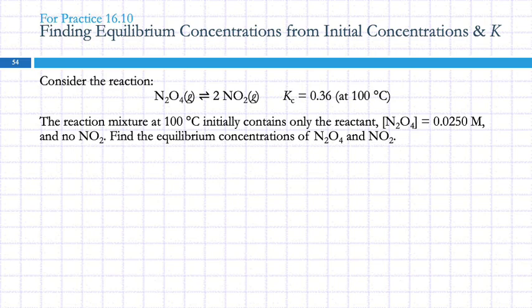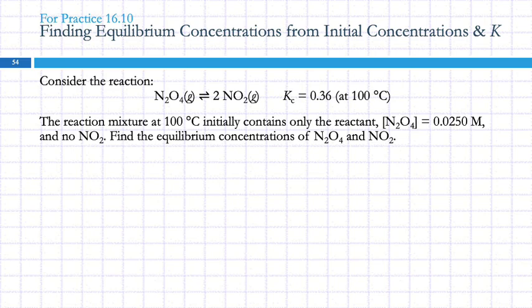Okay, let's do another one. Here, the reaction mixture is at 100 degrees C initially, and Kc is equal to 0.36 at 100 degrees C. Remember, they're going to throw temperatures in there. It's kind of like the fine print on a legal document. You actually don't need to read that, maybe.